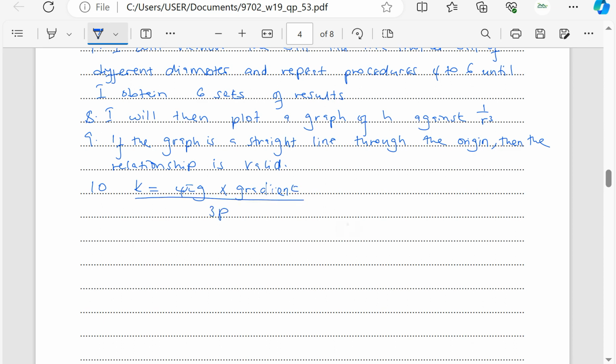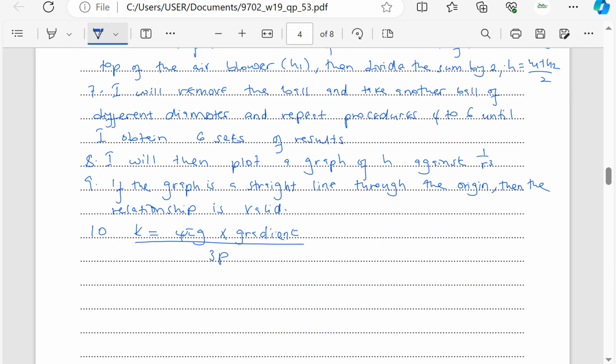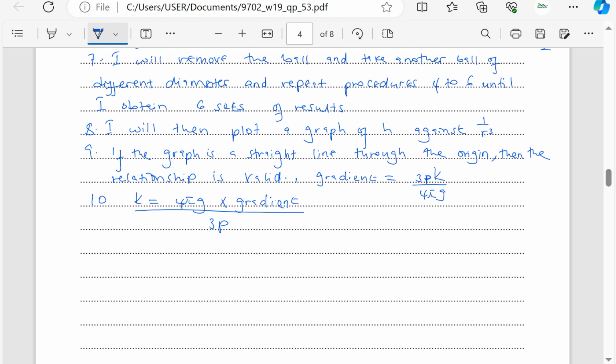In fact, here a straight line to the origin, then the relationship is valid. You would even mention that the gradient of that line was 3pk divided by 4 pi g, where k is going to be equal to 4 pi g.